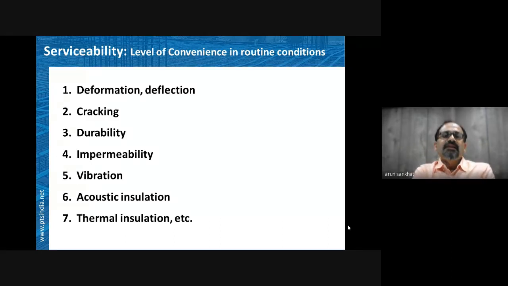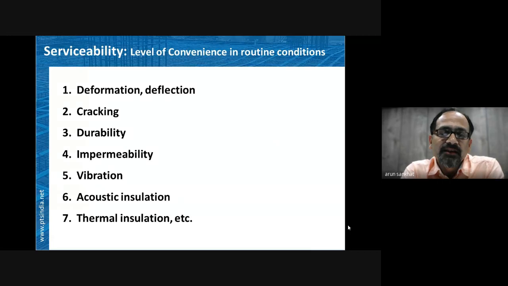So as far as design is concerned, deformation, deflection, and cracking are the major parameters. Of course, durability is there. So these three are the major parameters that can be considered in the design. Deflection, as we know, we can control better if we use PT.